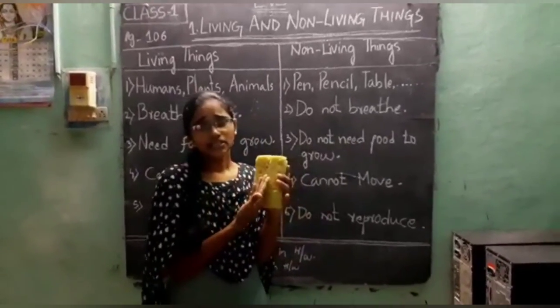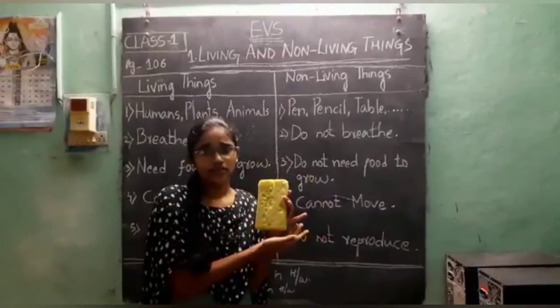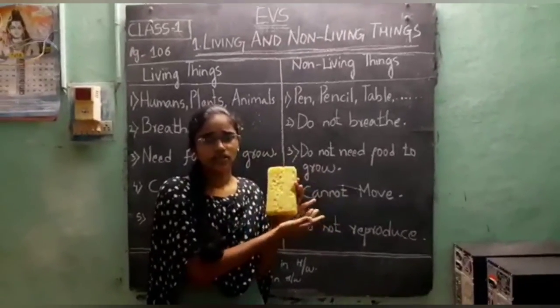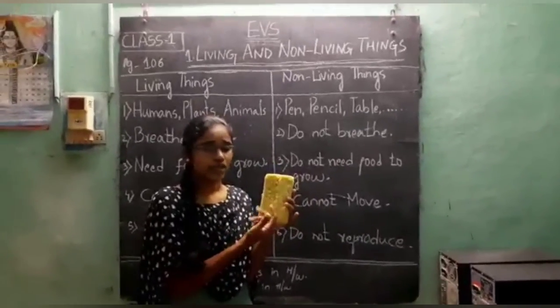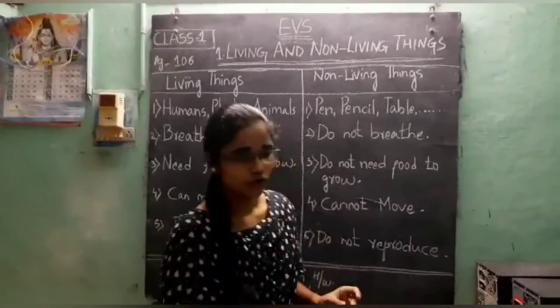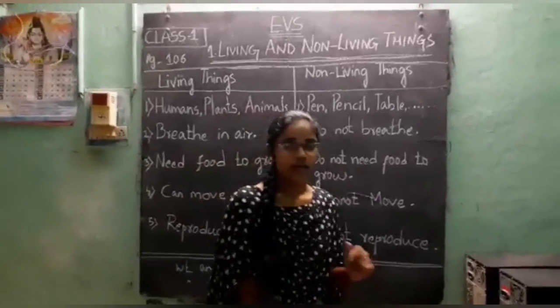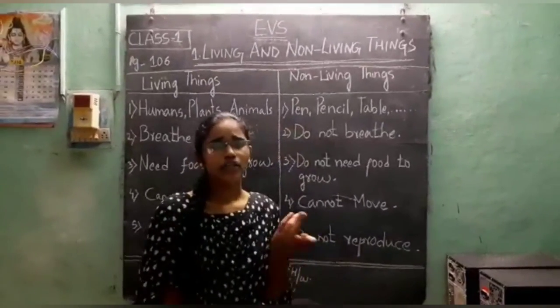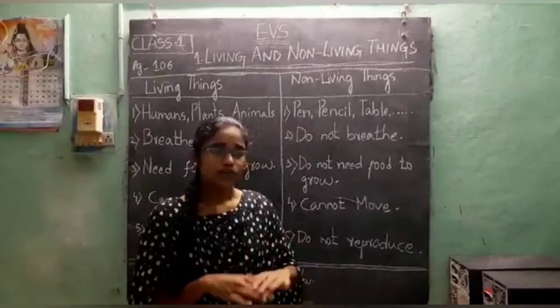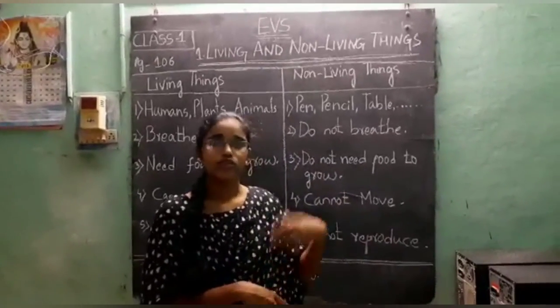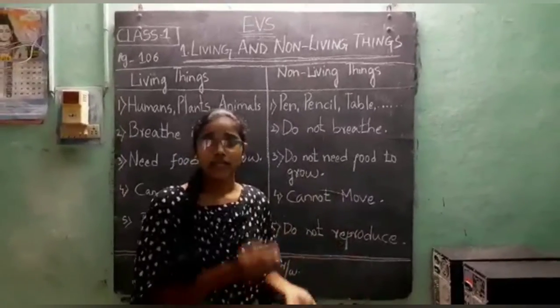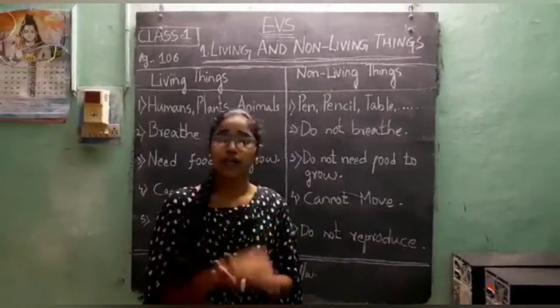Can the duster give birth to another duster? No, it cannot reproduce. Whereas if you take the example of a cat or dog, they reproduce. The cat gives birth to kittens, whereas the dog has puppies, small puppies, small kittens.